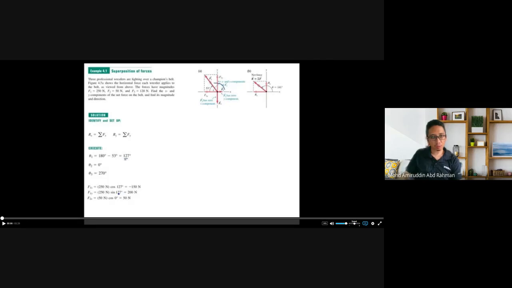And then F1y, in the y direction, is 250 times sine 127, so we obtain 200. Then we have F2 in terms of the x direction, which is its magnitude times cos 0 because the angle is 0.